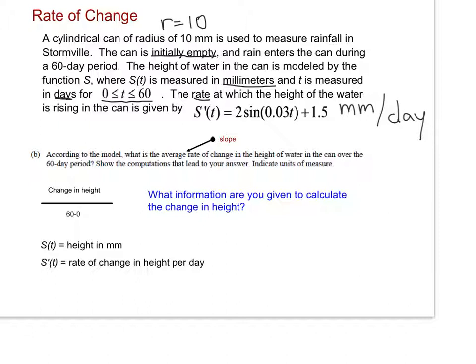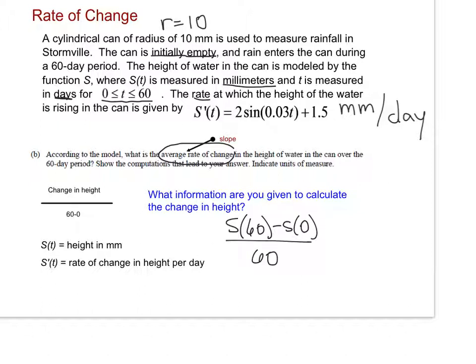Now if you're asked to find the average rate of change in the height, we basically know to find average rate of change, we would do the change in height over the change in days, or the change in x values. So basically we would go s of 60 minus s of 0 all over 60 minus 0.